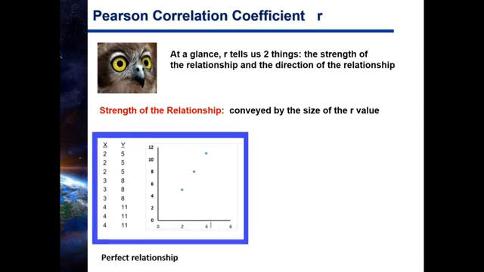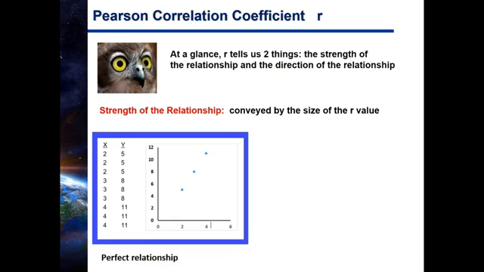I'll tell you what I was going to say, and then we'll look at this graph. If the R value is very, very close to 0, then that is a very weak relationship, almost nothing there. If it's 0, it actually means there is nothing there. There's absolutely no relationship between our two variables.